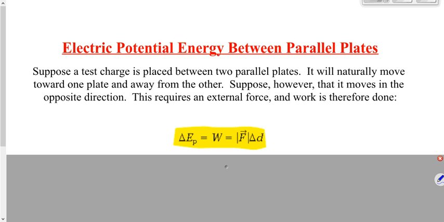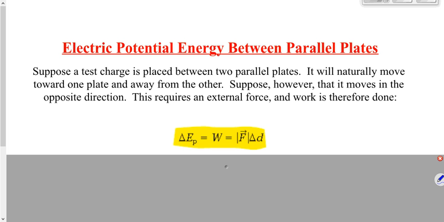How much potential energy did we have? 100. How much potential energy do we have now? 75. What's my potential energy difference? 25. What's the work done? 25. Does that make sense? The work done is equal to the amount of money that we as a group spent.